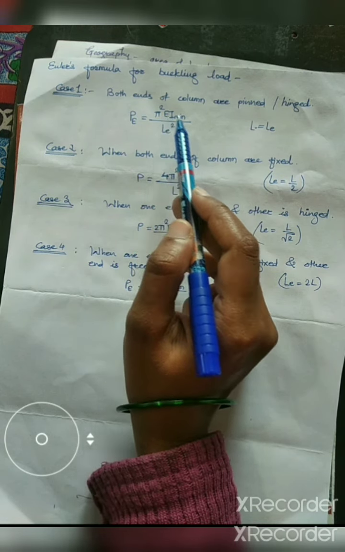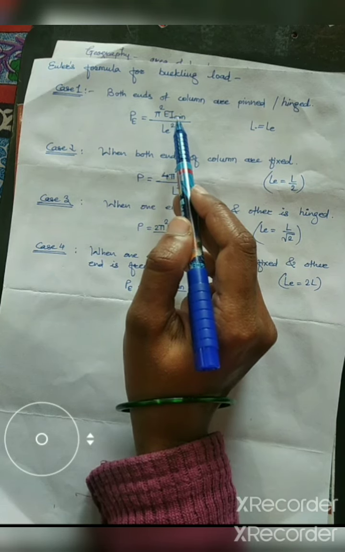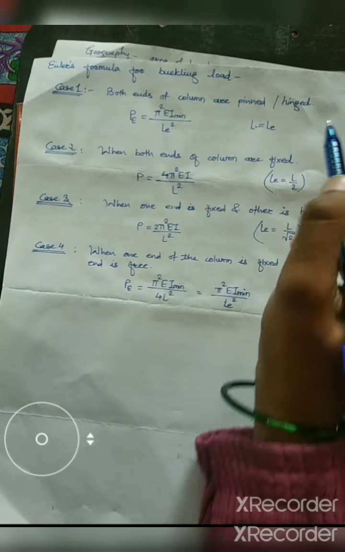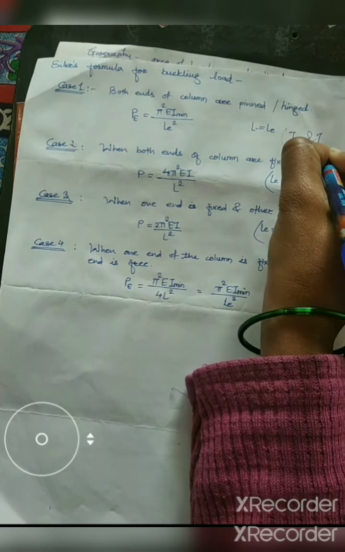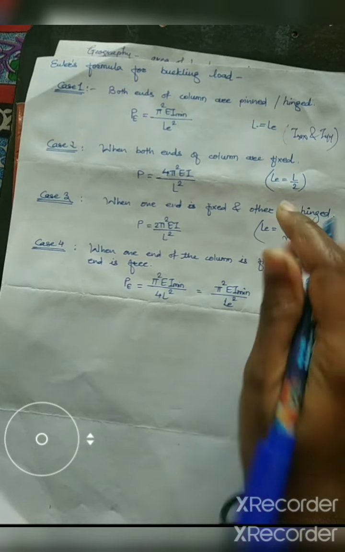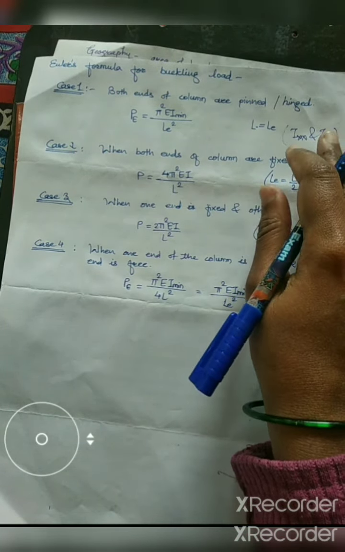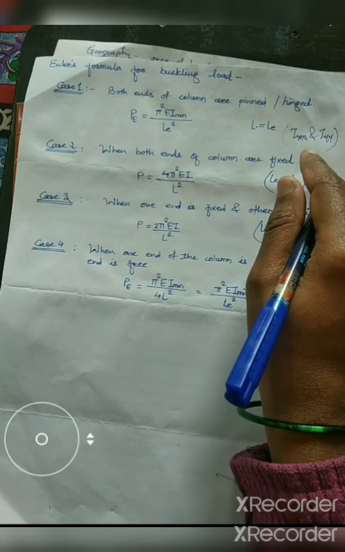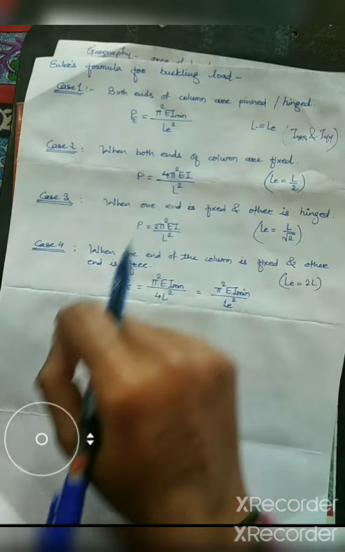I is the moment of inertia. Minimum I means the minimum value between Ixx and Iyy. So we have to calculate Ixx and Iyy, compare the two values, and take the minimum as I minimum.